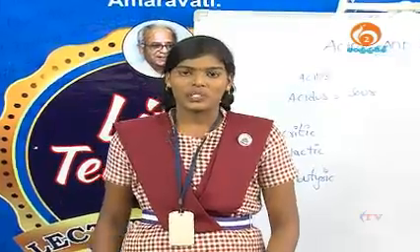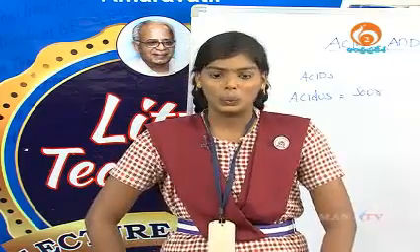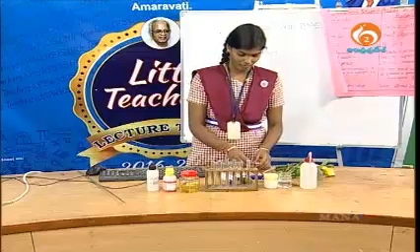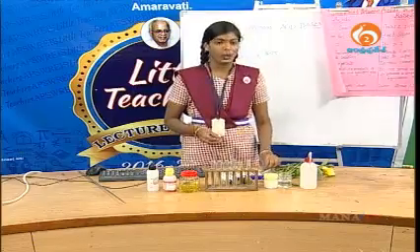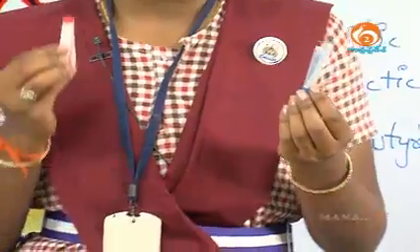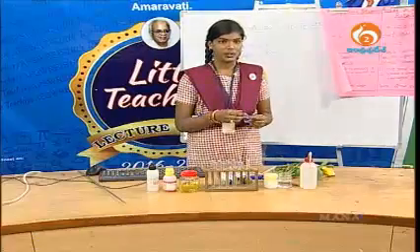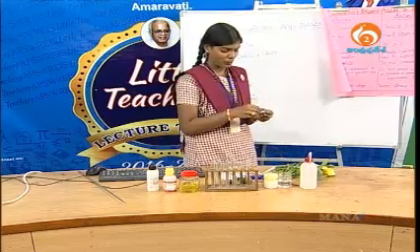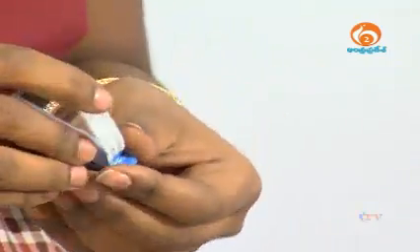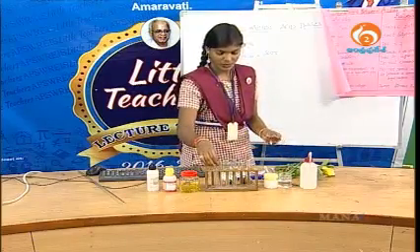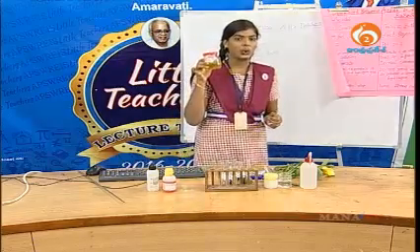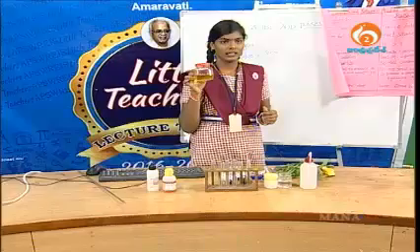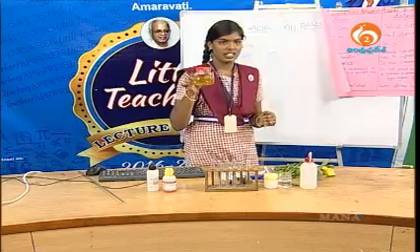Acids are corrosive. Acids change the color of litmus, certain vegetable dyes, from blue to red. Look at this. Litmus is of two types: one is blue litmus, another one is red litmus. We take blue litmus. This is hydrochloric acid.